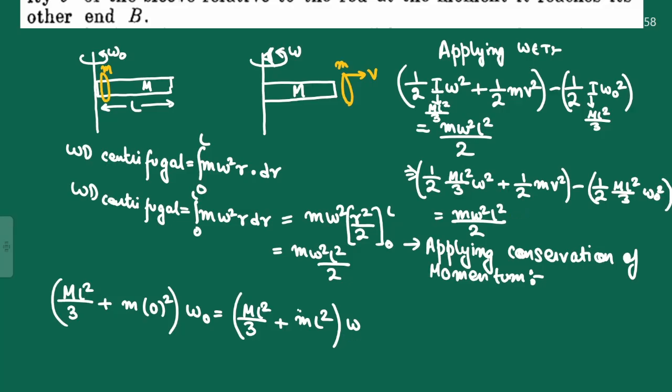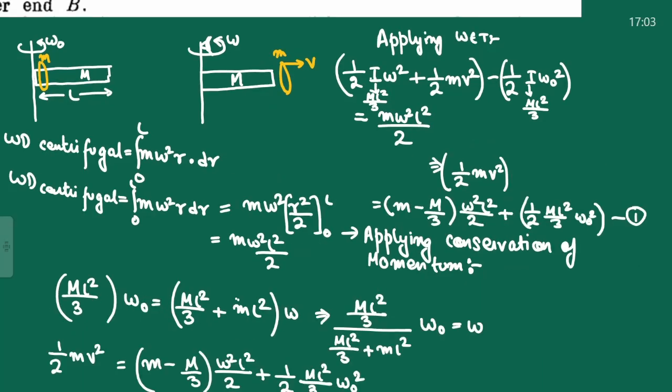So let me just simplify it. From the numerator and denominator, I'm taking M L square by 3 common. So I get M L square by 3 into 1 divided by M L square by 3 into 1 plus m L square divided by M L square by 3, and the 3 would go up. This L square and this L square would get cancelled out.